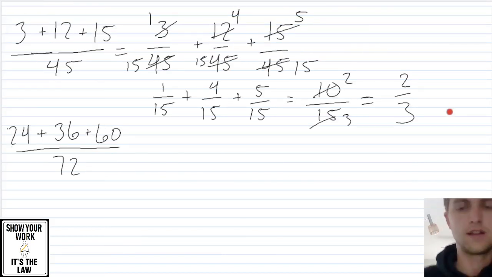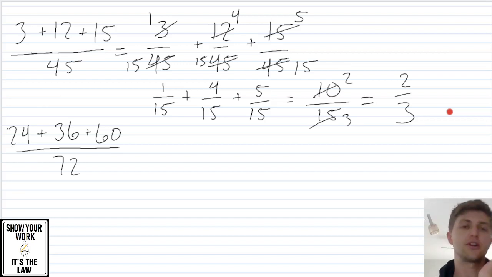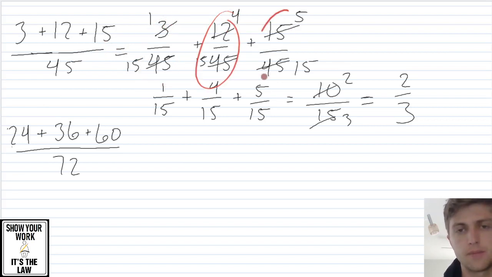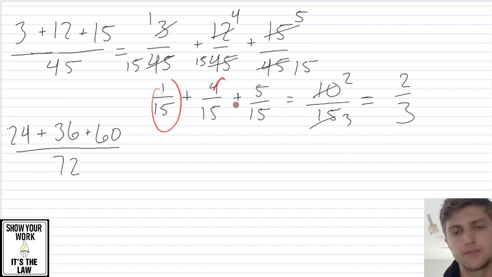Now, obviously, it came out to the same answer. I'm just showing you there's different ways of thinking about it, where even if we split up our number into separate parts and simplified them separately and added them, we're still getting the same result.